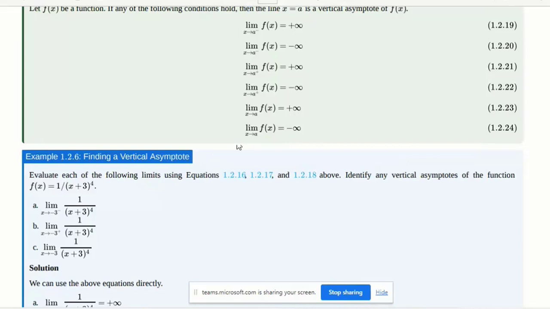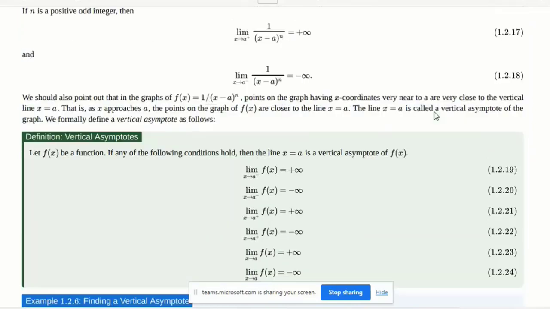Should be example. On my notes here, it says 1.26, finding a vertical asymptote. It says, evaluate each of the following limits using equations 16, 17, and 18.